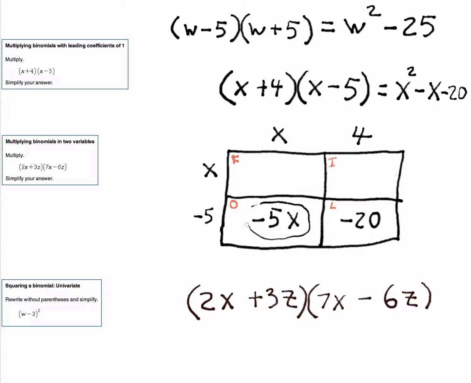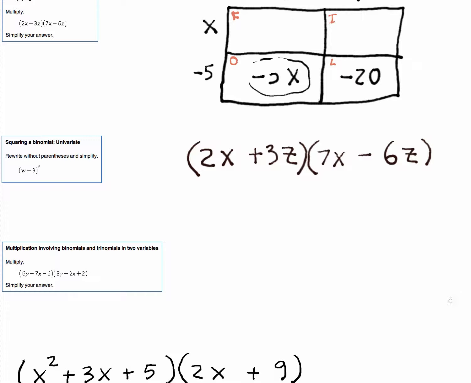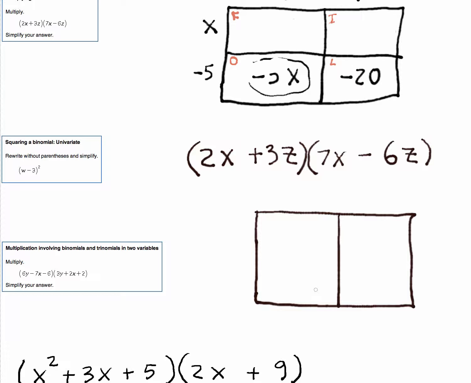So here we go. Let me just draw another box here. It turns out it's easier. Okay, so here comes our box. And it's going to have 4 things that I'll have to multiply.